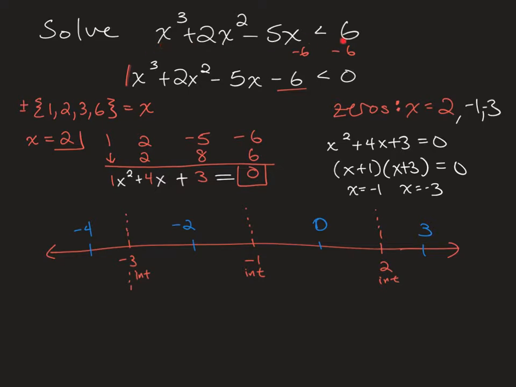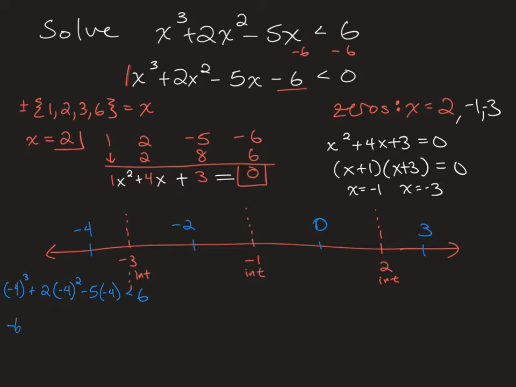I like to go back to the original inequality, just in case I did any math incorrectly, so at least I can get the interval answers right here. So I'll go through and do -4, just so you can see. -4 cubed plus 2 times -4 squared minus 5 times -4 is less than 6.